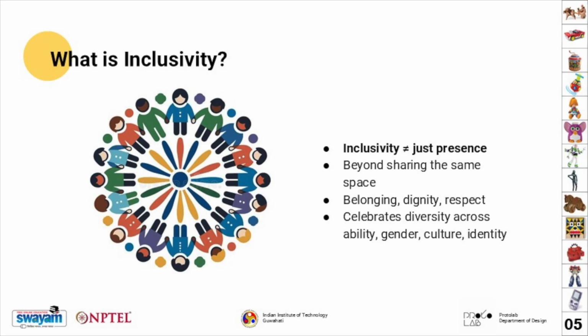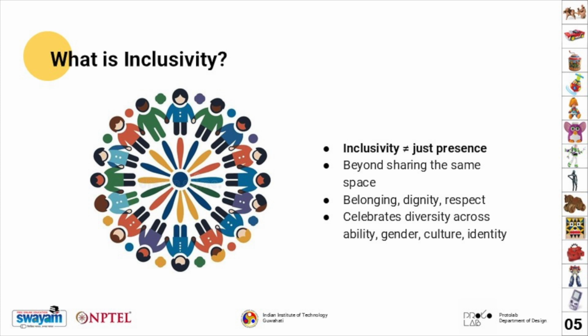Inclusivity is often misunderstood as integration. Placing children in the same classroom or giving them the same toy does not automatically create inclusion. True inclusion means the child feels they belong during interaction. It avoids labels like normal and special. Instead, it values difference as natural variation.